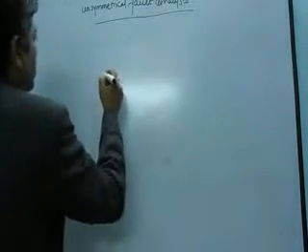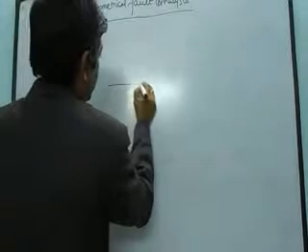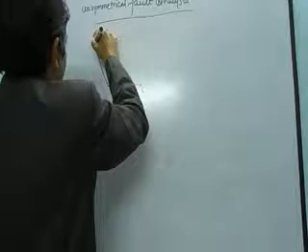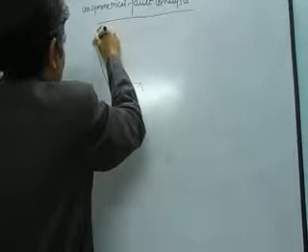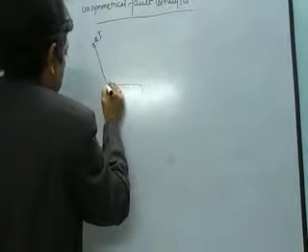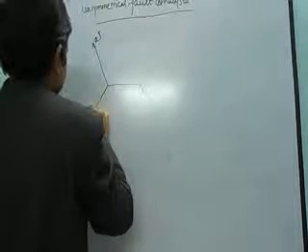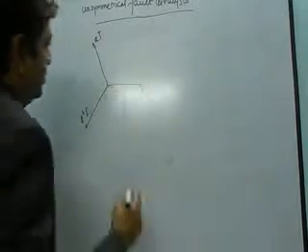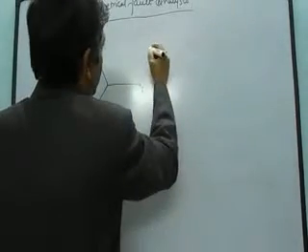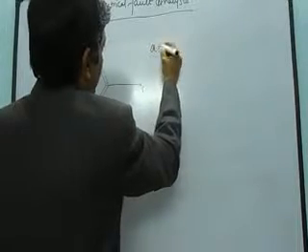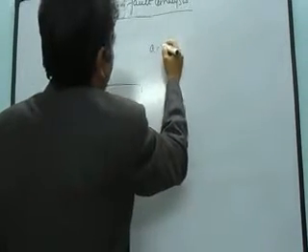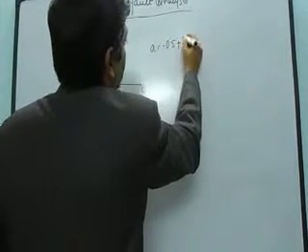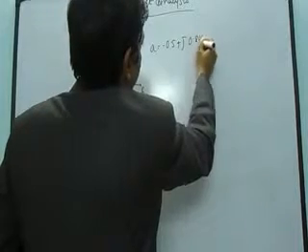Now suppose this is I. When I makes a rotation of 120 degrees, it will turn into AI. Now the next 120 degree rotation will be A square I. Already we found out A equal to minus 0.5 plus j 0.866.